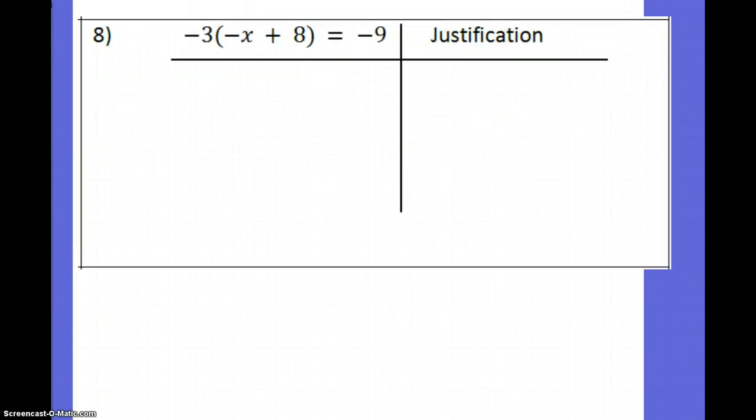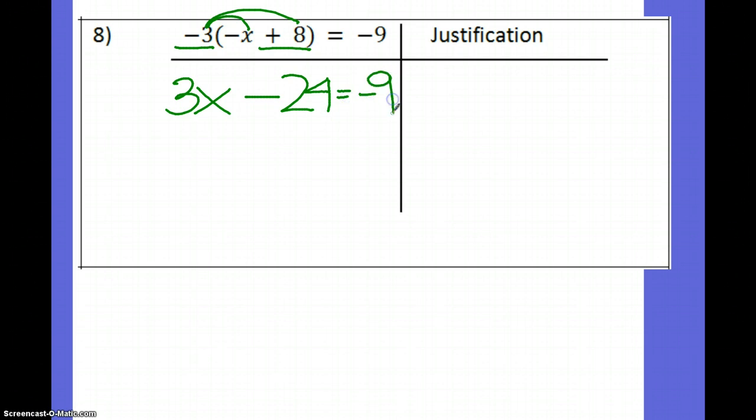We're going to justify, so first thing that we need to do here is distribute. Negative 3 times negative x is positive 3x. Negative 3 times positive 8 is negative 24, equal to negative 9. The first thing I did, I distribute. That is not the multiplication property of equality because you did not multiply the 3 to both sides of the equal.